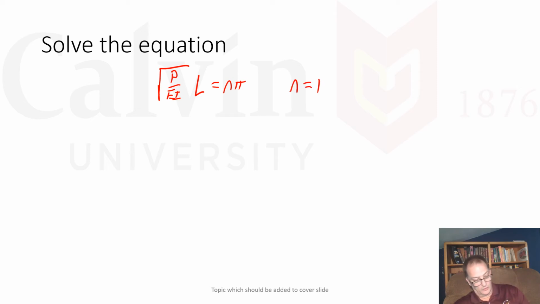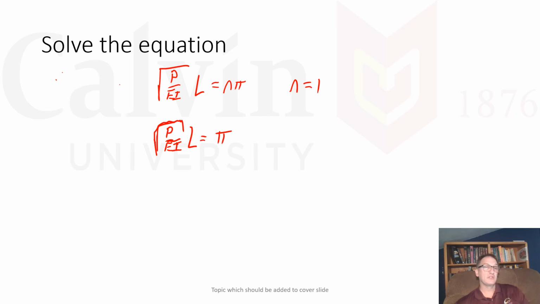So what we've got is, I'm going to do it in 2 steps. The square root of P over EI times L is equal to pi, because L is outside the radical, right?